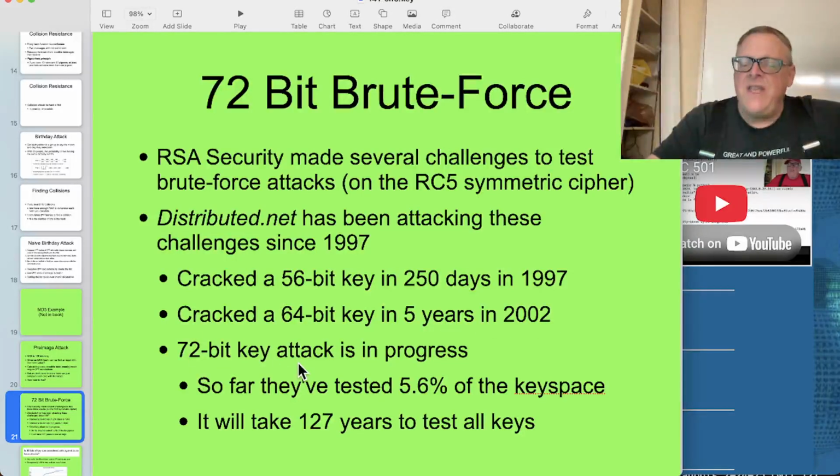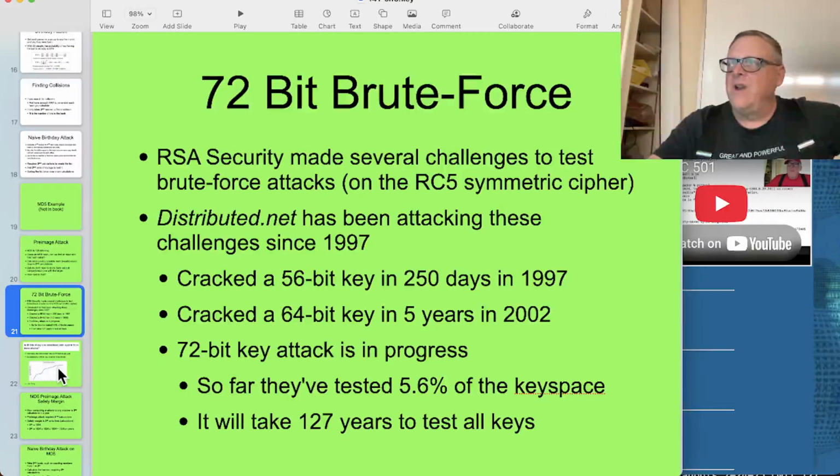And a 72-bit key attack is in progress, and they had covered 6% of the key space as of a couple of years ago, and they say it'll take 127 years to test all the keys, which might make it sound stupid. But remember, computers don't stay fixed in power. They keep getting faster and faster. So 127 years at the rate of a few years ago might not take that long. But anyway, a 72-bit brute force attack has never been accomplished.